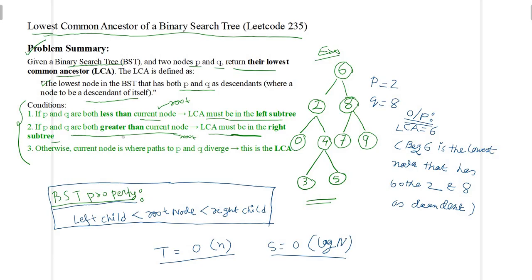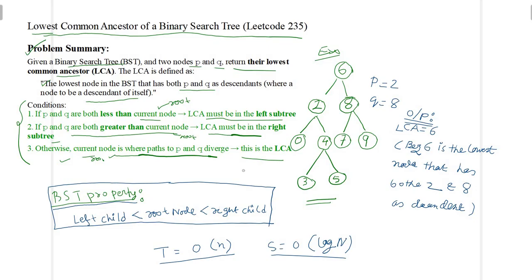And if 1 and 2 are not the case, then the third case is that the current node, that is the root node, is where the paths to P and Q diverge. So in this case the LCA is the root itself. Root means the current node itself.